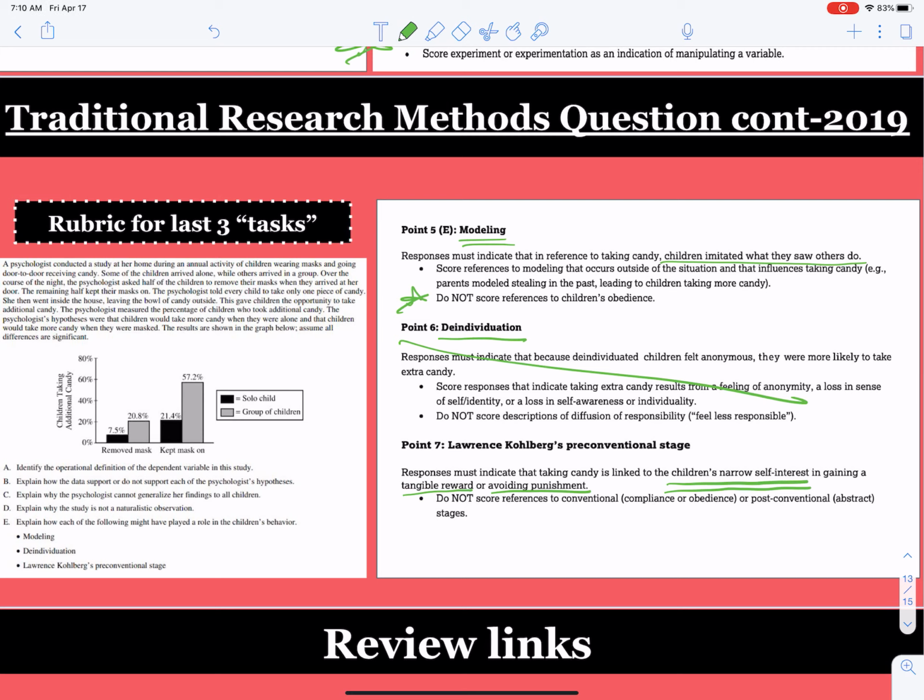We're not looking for compliance or obedience because that actually happens in the conventional stage. And then the abstract stage was his post-conventional stage. So pre-conventional specifically talks about your behavior in terms of trying to receive a reward or avoid a punishment. So I'm just trying to show you specifics of what they're looking for in your response.